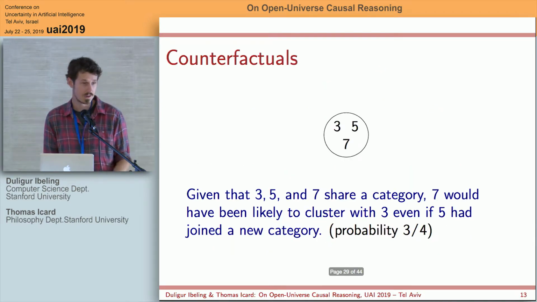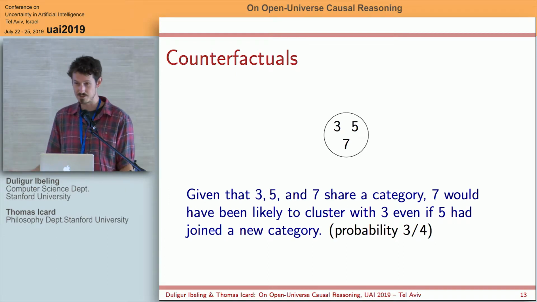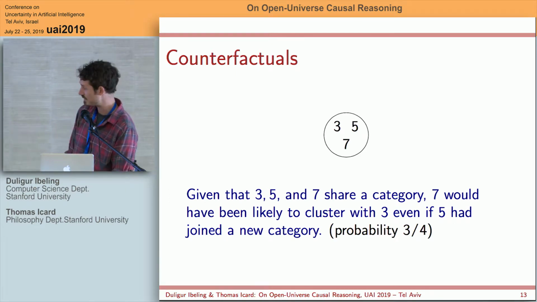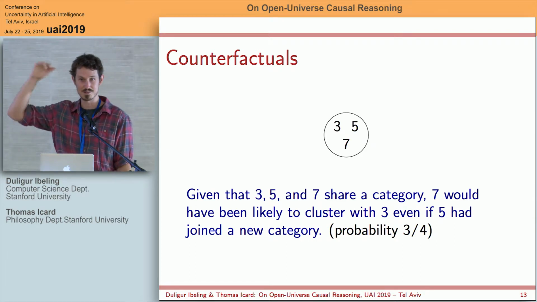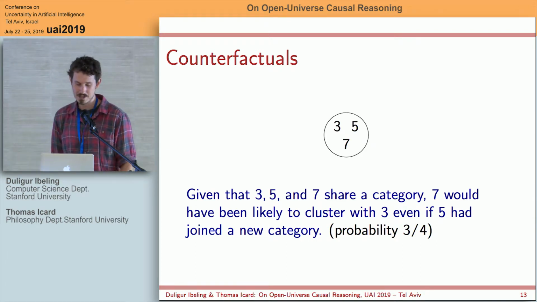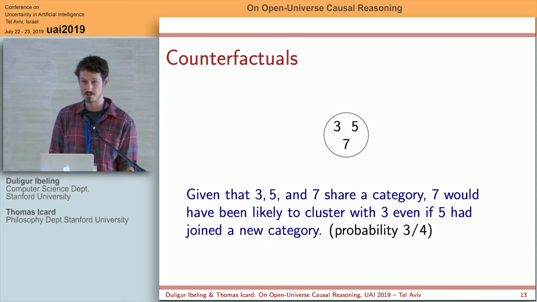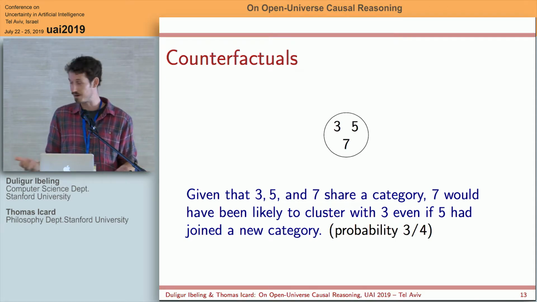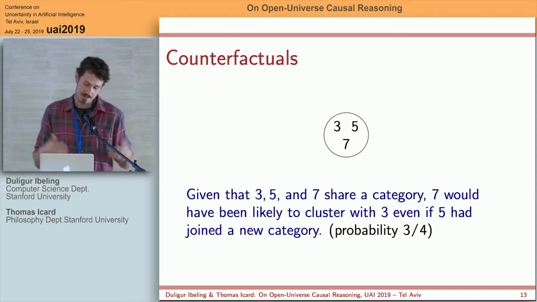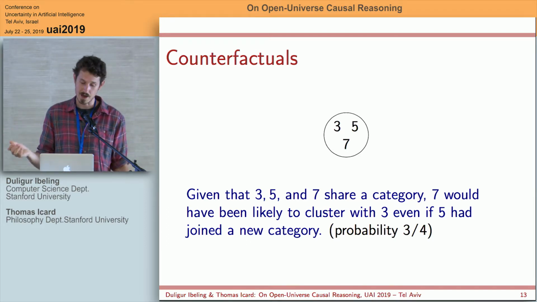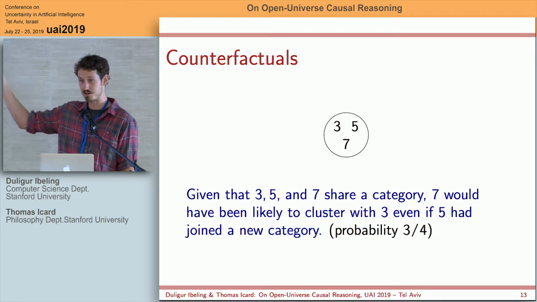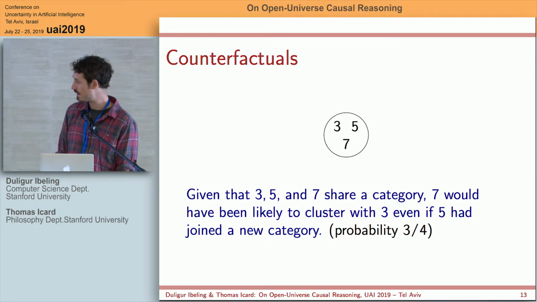And we can also do genuine counterfactuals in this setting, even with this very simple little generative model, that is at the highest level of the causal hierarchy. We can say, suppose I just observe that 3, 5, and 7 share a category. Then I can ask, given this partial knowledge, what would have happened if, for example, 5 had taken up a different category from 3?